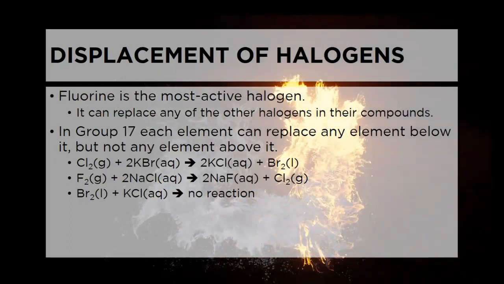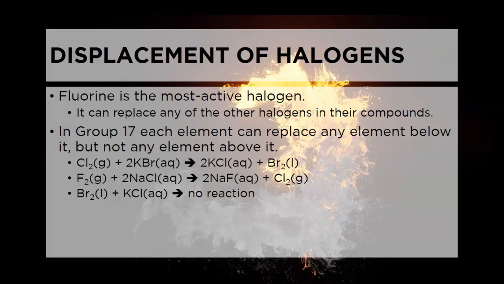The other one there, like I said, halogens can also replace, nonmetals can also replace nonmetals. So in this case, you have some halogens like chlorine stealing away potassium. So chlorine comes along, steals bromine's potassium.